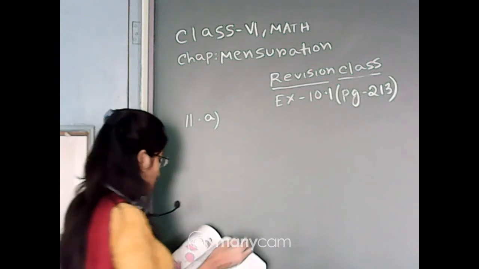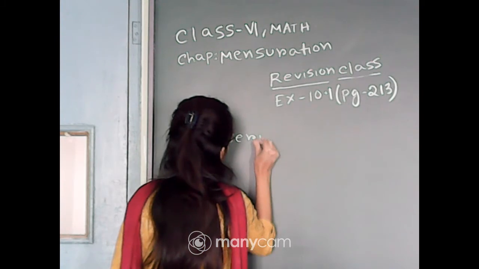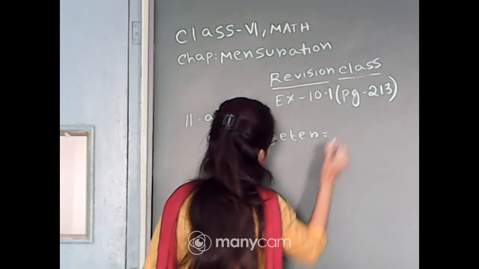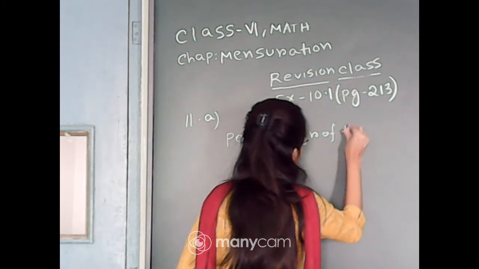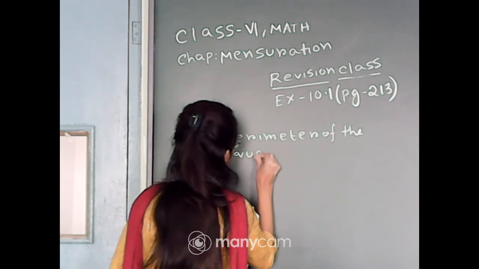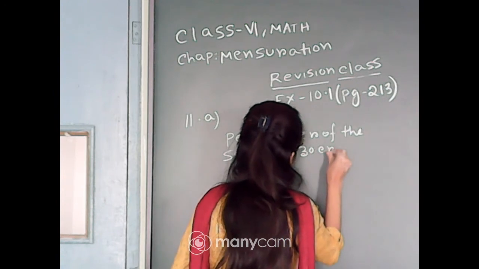So, perimeter of the square is equal to 30 cm.